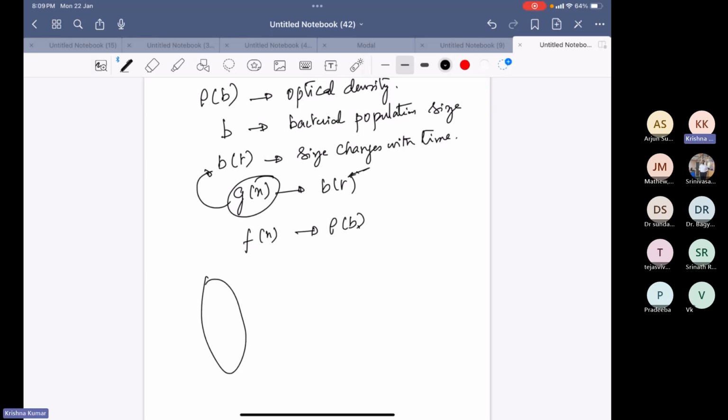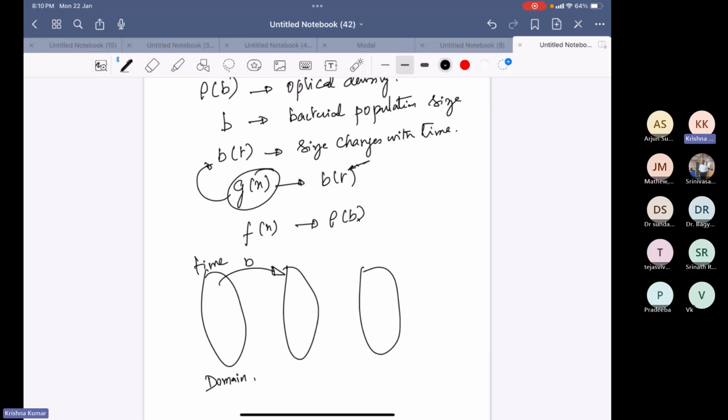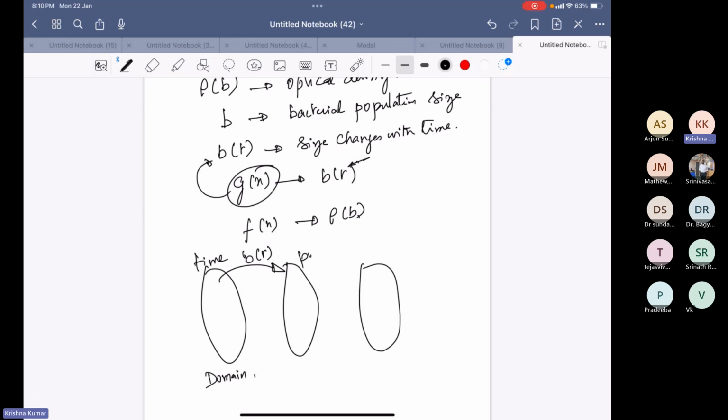So if I now plot these three curves, three regions, domain. I start, this is the time. This is the domain for time. Then I have one function from time, which is called b of t, which takes me to the population size.